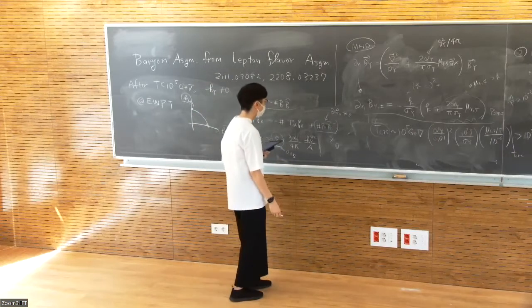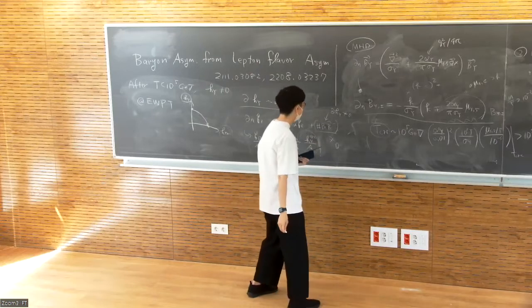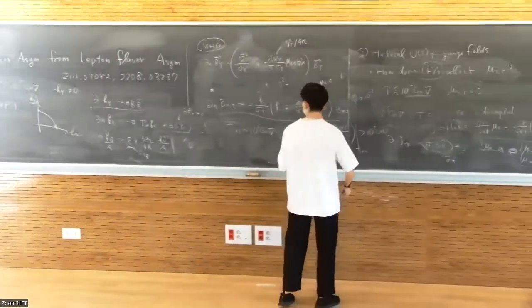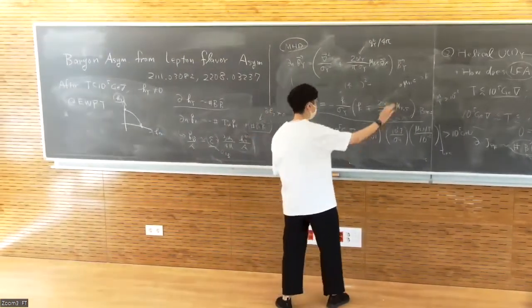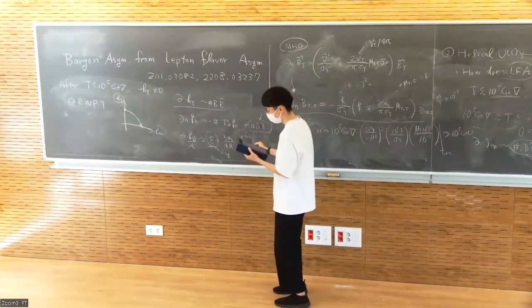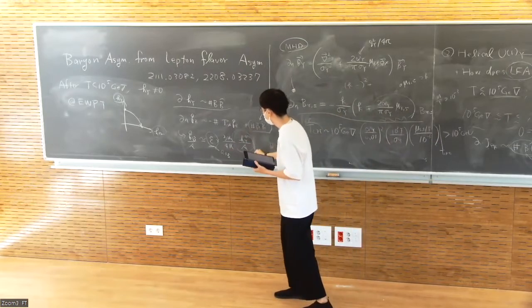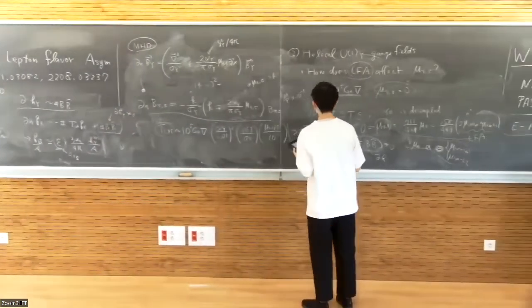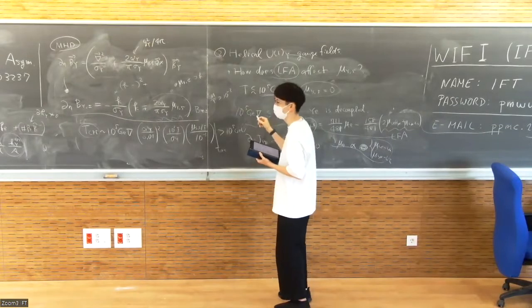Then you will find that this one is too large. That is coming from the fact that the typical value of H divided by S produced by this mechanism is too large, so you typically overproduce the baryon asymmetry. The reason we get a large helicity charge is simply because we need to generate the helicity before the temperature drops below 10 to the 5 GeV because of this restriction.